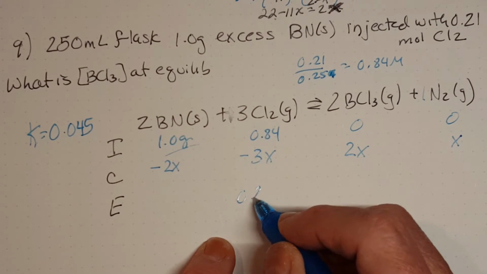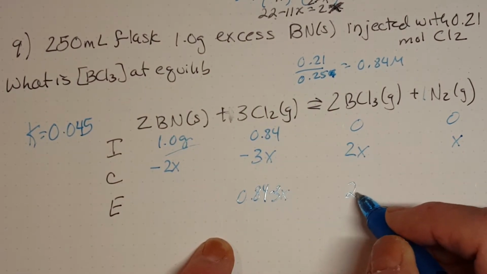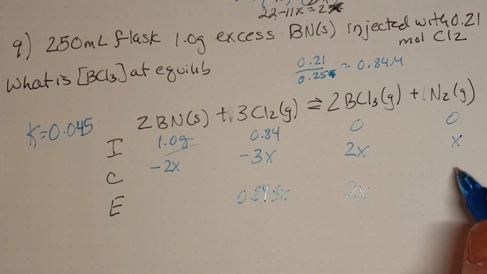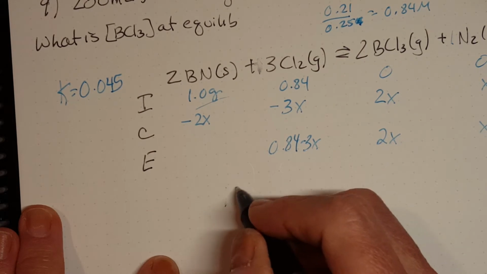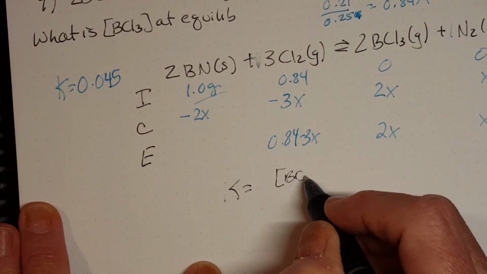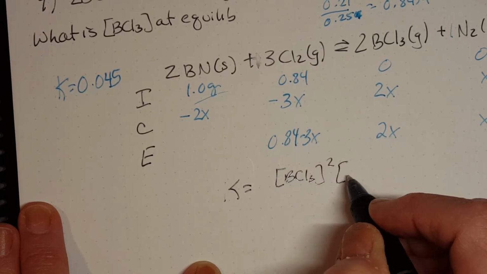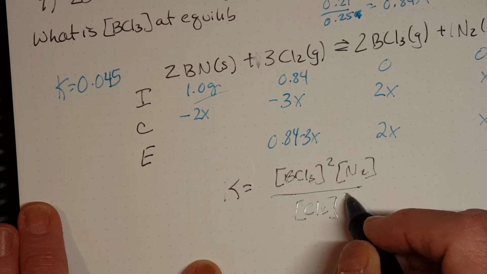So we're going to have 0.84 minus 3x, that's the chlorine. We're going to have 2x for the BCl3, and we're going to have x for the nitrogen. In our equilibrium expression, our K is going to equal the concentration of the BCl3 squared times the concentration of the N2 divided by the concentration of the Cl2 cubed.